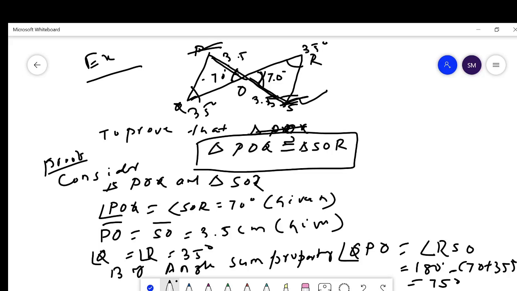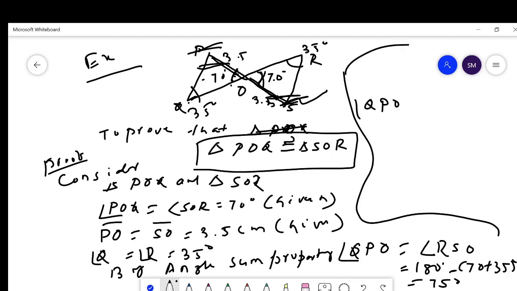Here by the angle sum property, as these two angles are given, we can find the third angle, because the sum of the three angles in a triangle is 180 degrees. Then these two angles measure 75 degrees, so angle QPO is equal to angle RSO is 75 degrees.